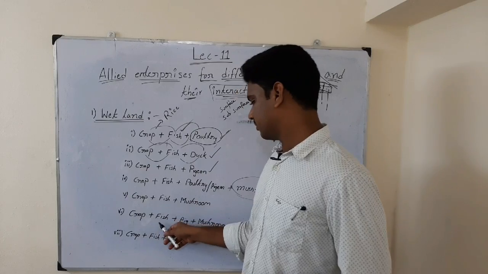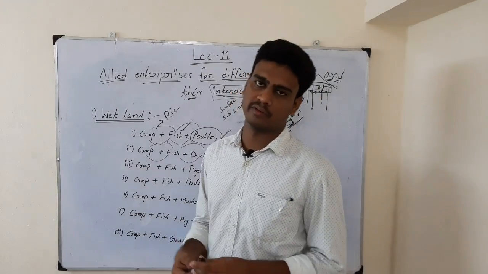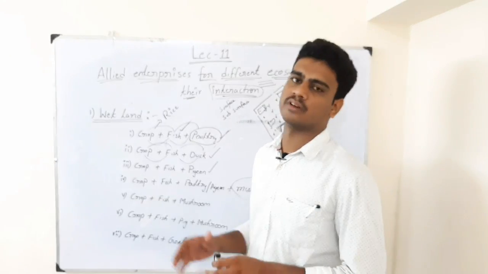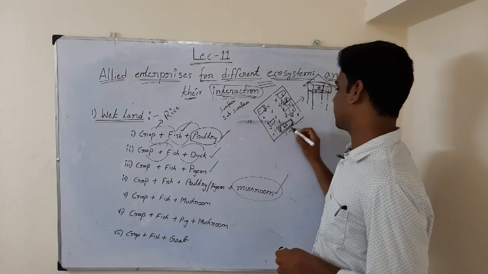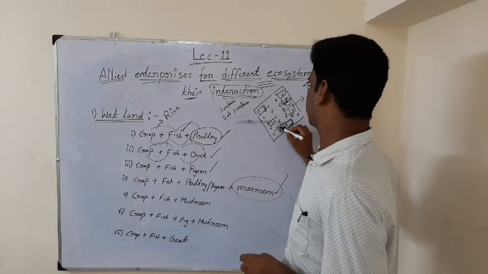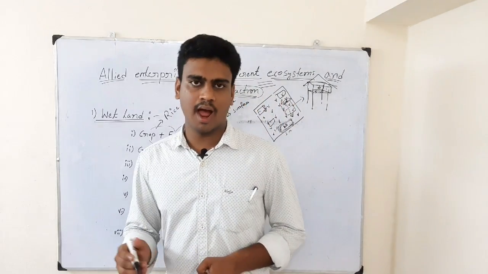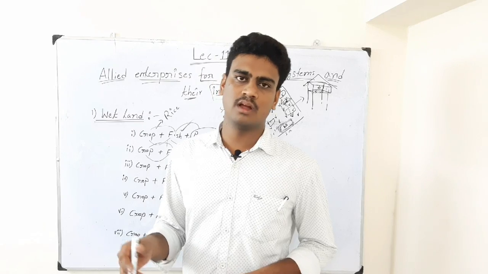Then another one, crop, fish, pig and mushroom. See, you all know pigs love to be in the water. So when we have a rice field, with a certain amount of standing water, we leave some area for the fish farm. Likewise, you also leave some land area for the pigs, so that they will come here and be in that water, and not only that, they will drop there, and also they will disturb the soil.